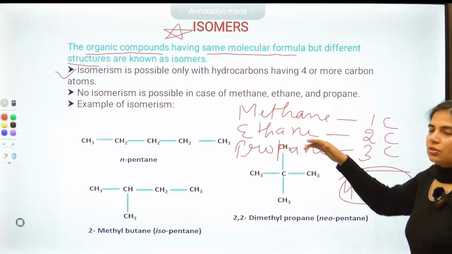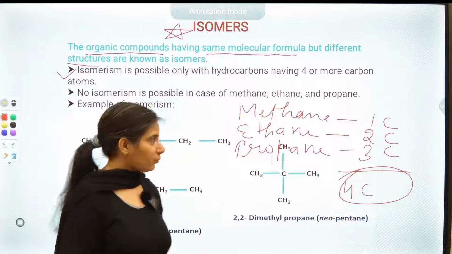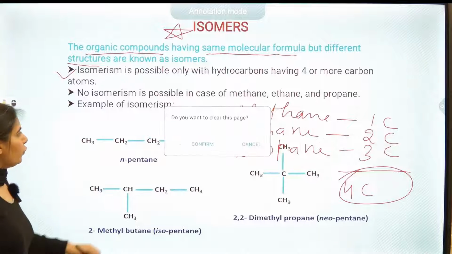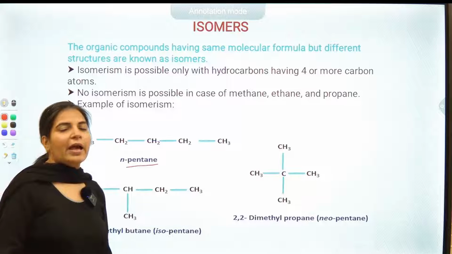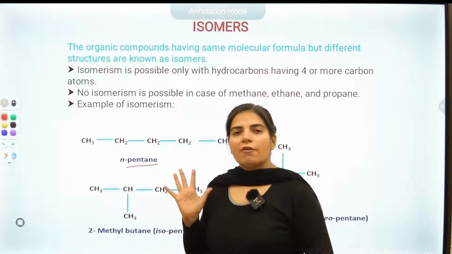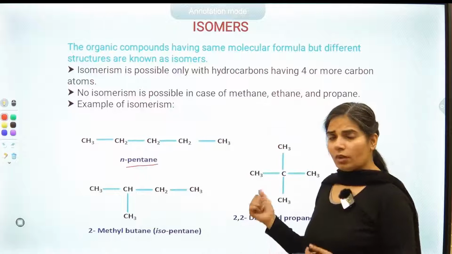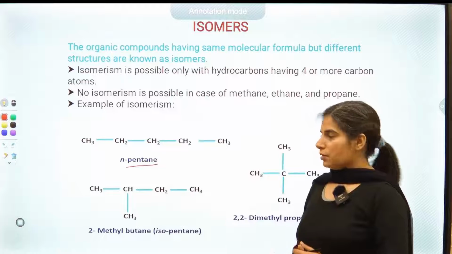So for these 3 there will be no isomer possible. So we are going to discuss the example of pentane, and we know that in case of pentane we are having 5 carbons. How we can arrange these 5 carbons?